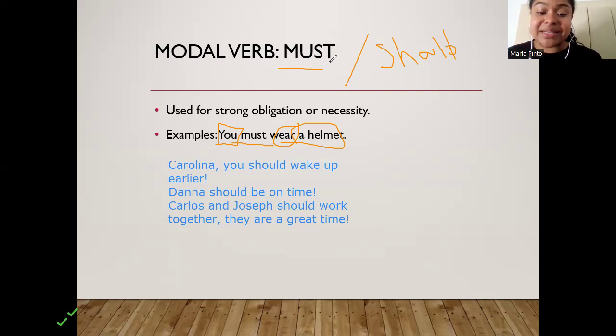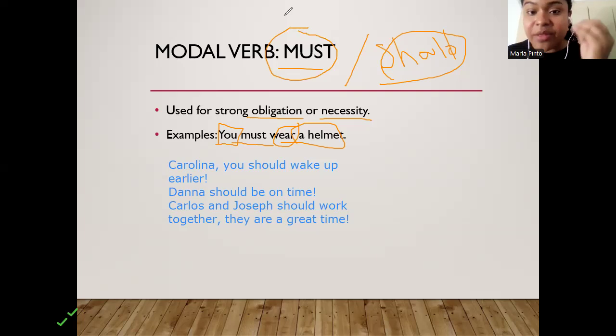"Must" in this context is an obligation or a necessity. You need to do it in the moment or maybe in another moment, but it's so necessary to do it and take action. It's not the same thing as "should," because there you are just giving advice. Here is a responsibility you must complete.